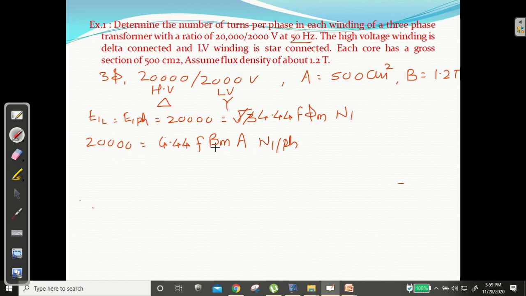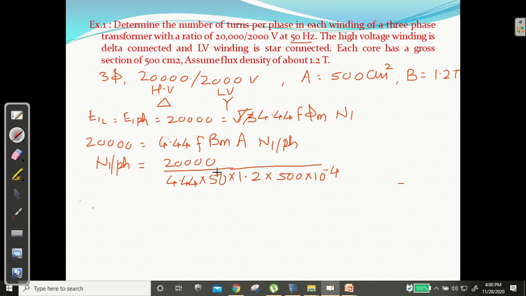Frequency is known, Bm is known, area is known, so you can find N1 per phase. Number of turns on the primary side per phase is 20,000 upon 4.44 into 50 into 1.2 into 500 into 10 raised to power minus 4.